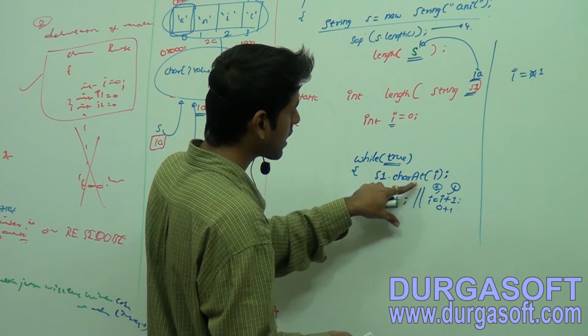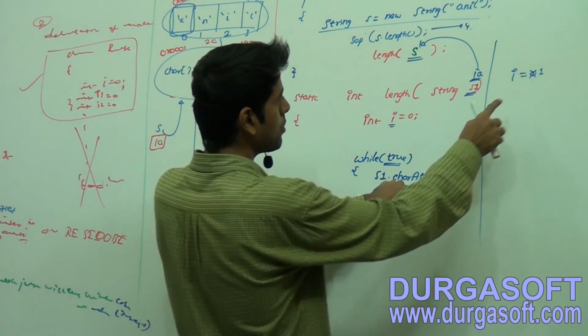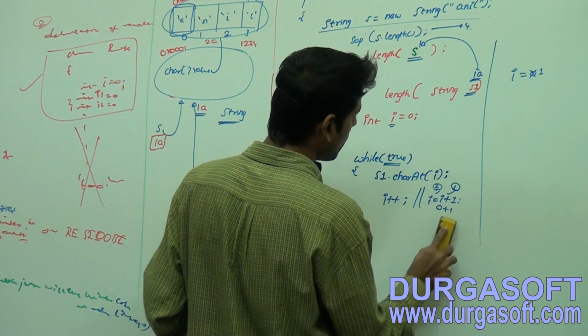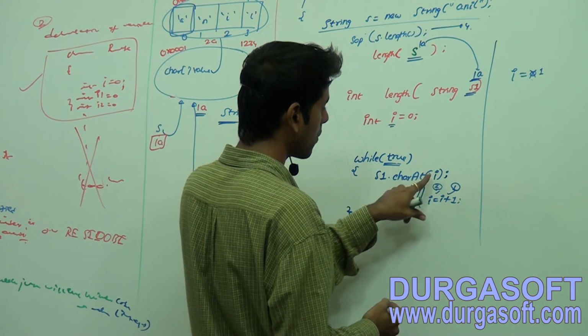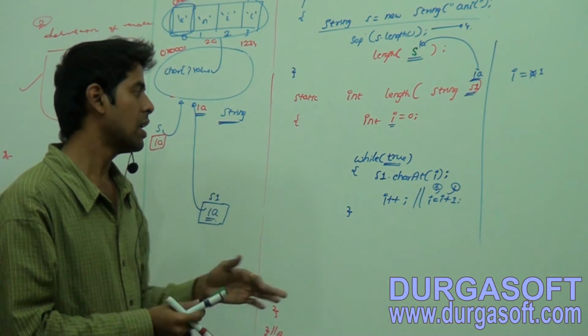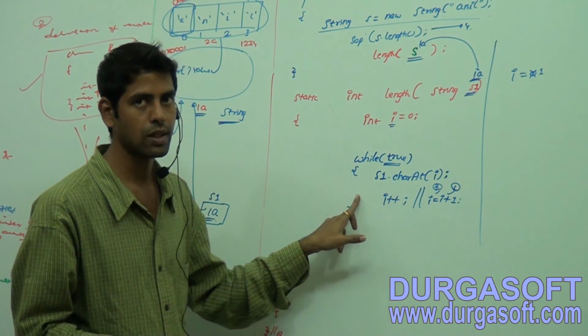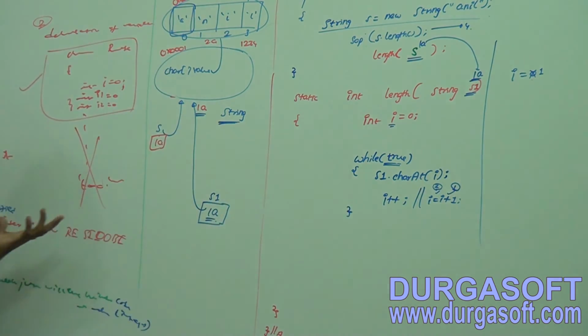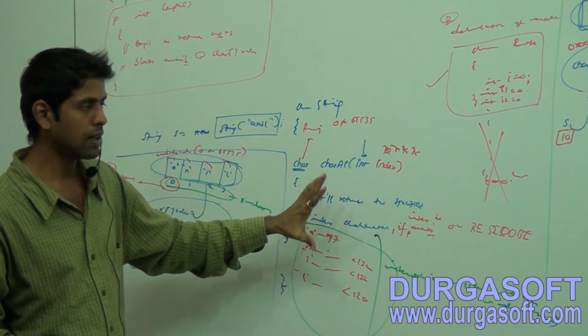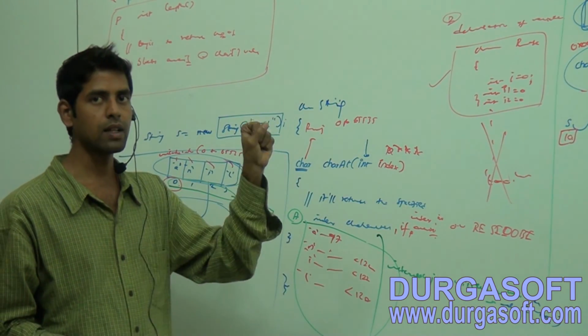Now what is charAt(i)? At memory what is I value? 1. charAt(i) will return something, but I am not catching that. I am not holding that returned value. We will come to this part later.